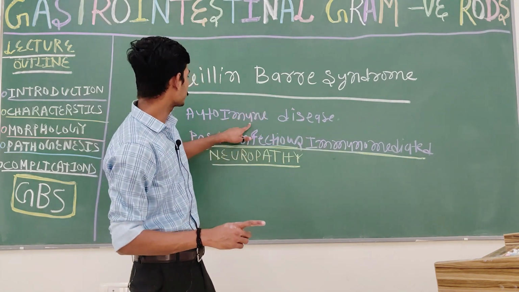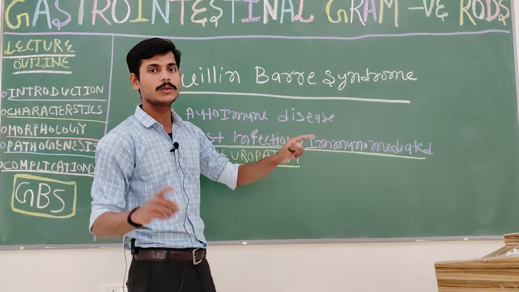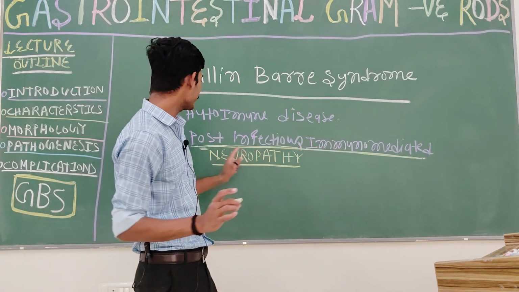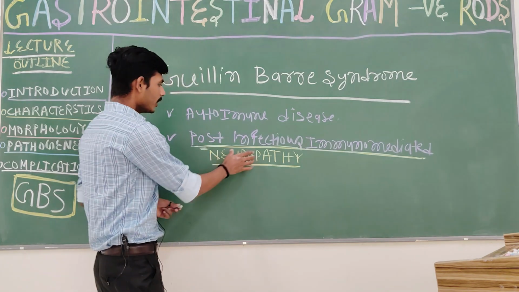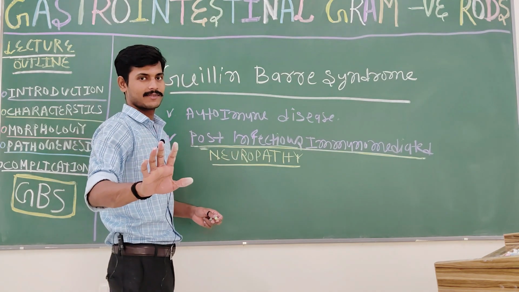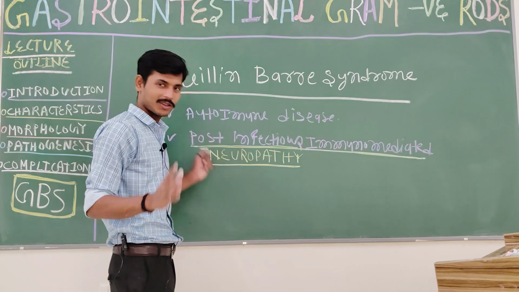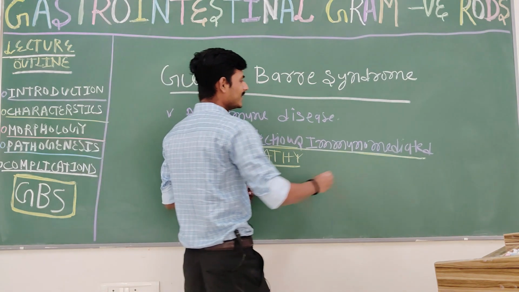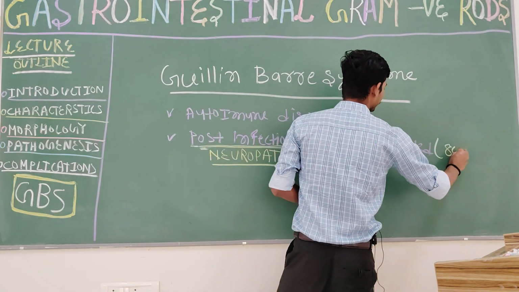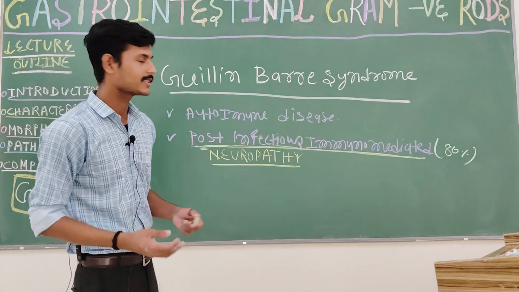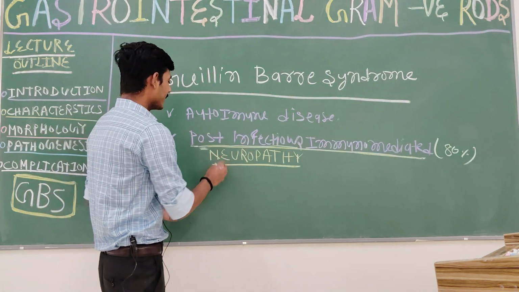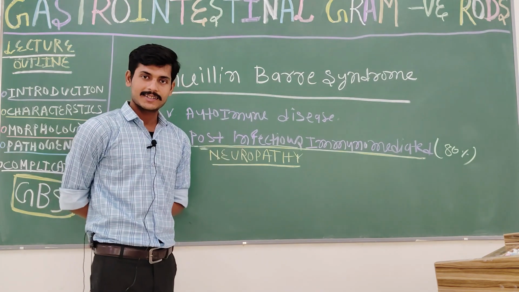We already understood that it's an autoimmune disease, and this occurs not in all cases. Keep in mind, generally in 80% of cases, which is a significant percentage, this disease occurs after an infection.